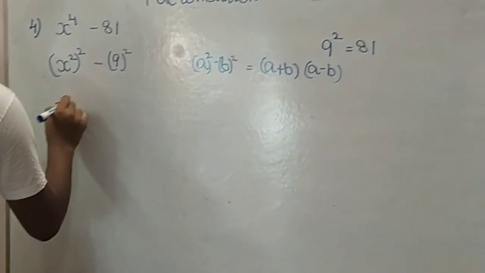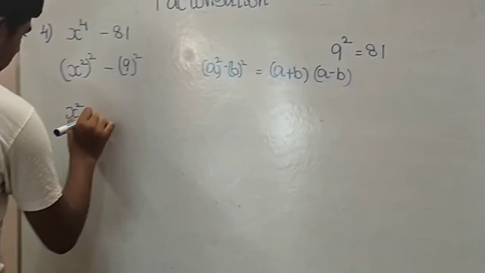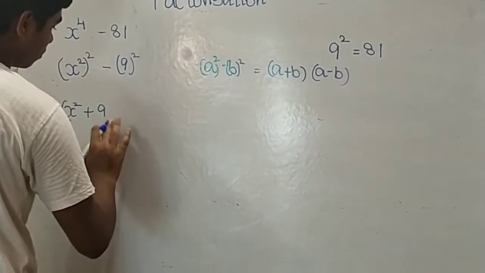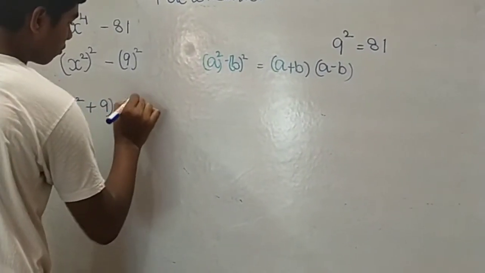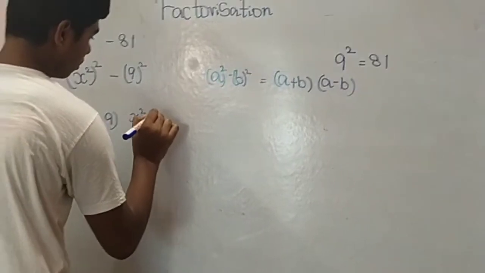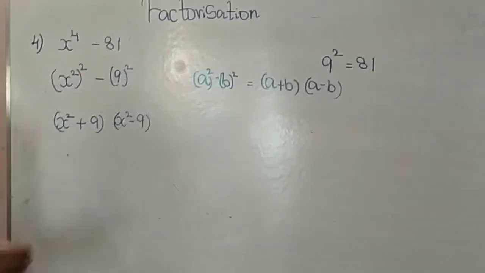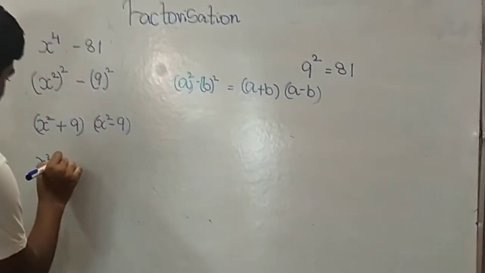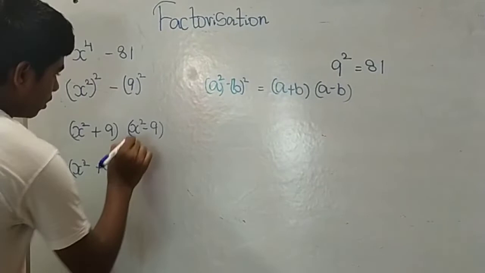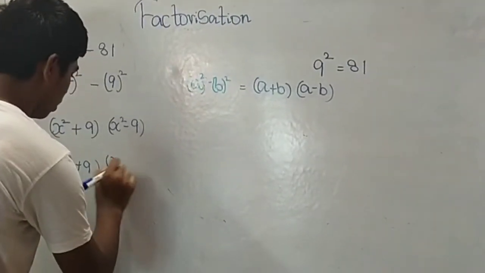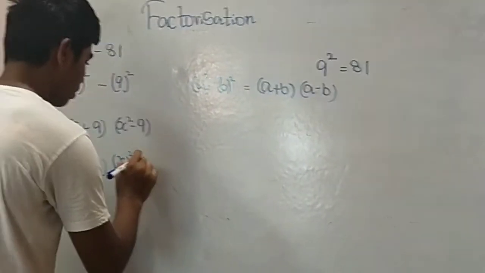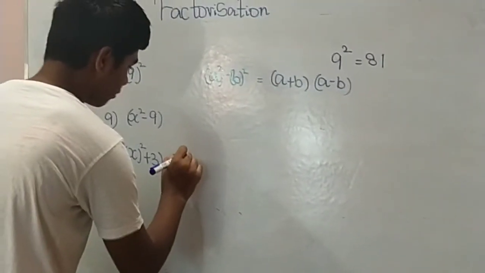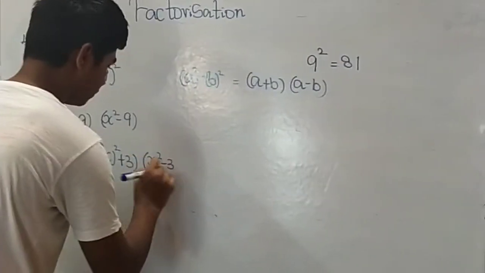Now x square plus 9 into x square minus 9. This second factor you can also write as x whole square minus 3 square.